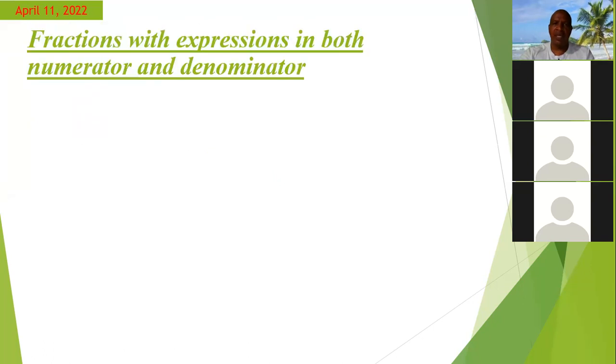But we're going to be now looking at fractions with expressions in both numerator and denominator. And before I start looking at an example, can anybody remind me of what the difference is between terms and expression? Nobody can tell me what's the difference between a term and an expression?